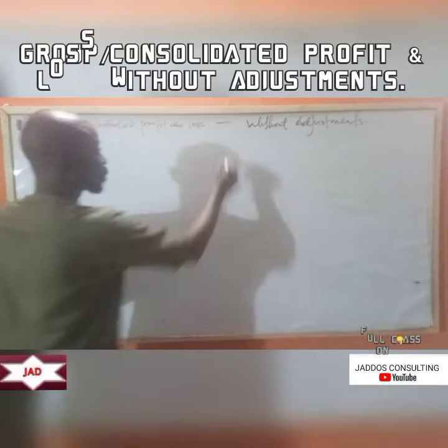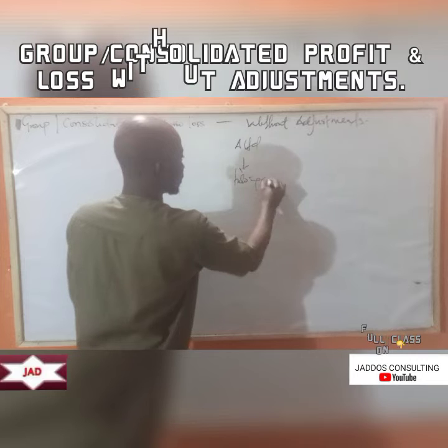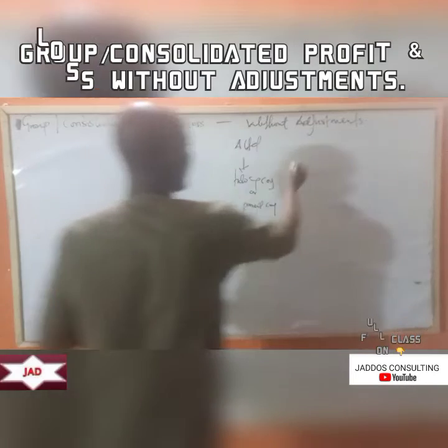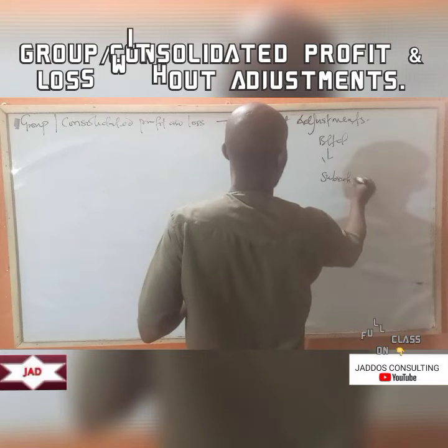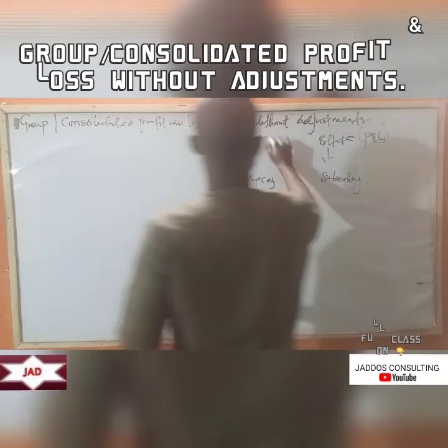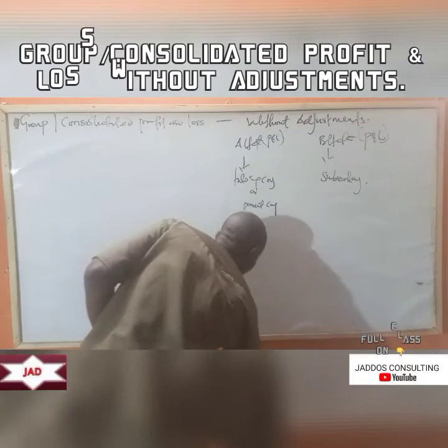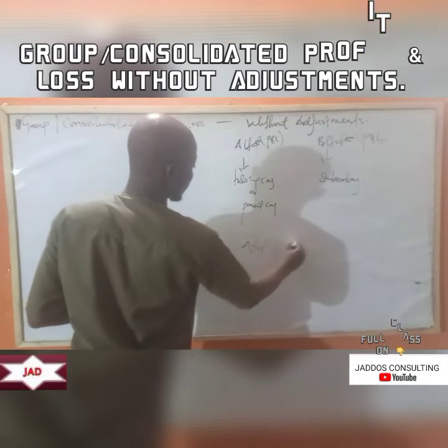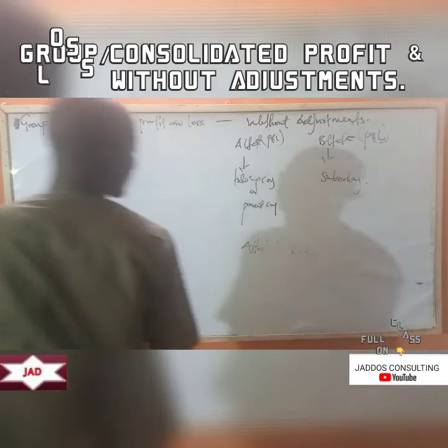Of course, we already know that A Limited, for instance, is the holding company, or what you call parent company, and then we have B Limited, for instance, the subsidiary, right? So we have a P and L for this one, and a P and L for this one. So what we're doing here simply is to bring this one's P and L plus this one's P and L. That's what we're doing here.